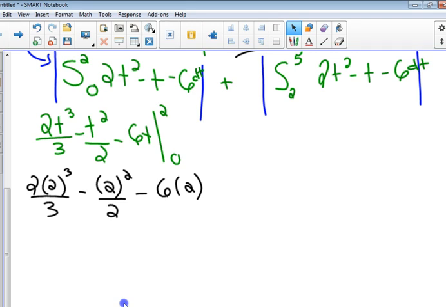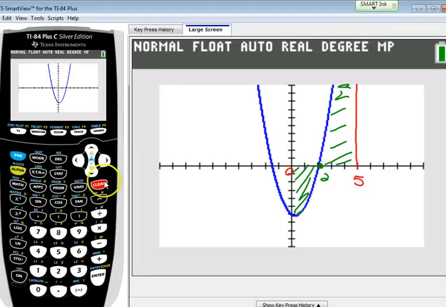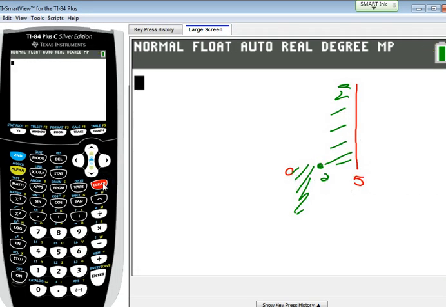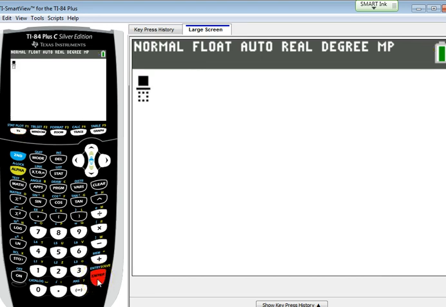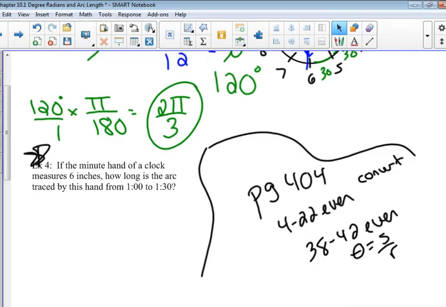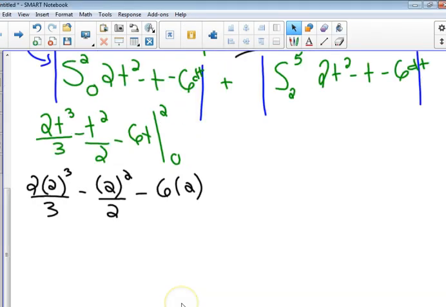I have a little connection thing I have to do and I can update it for you. To get your calculator into fractions, you hit alpha y equals, see this n over d? You can hit that, and now we can type everything in a fraction, so it helps with your parentheses, you don't need them as much.